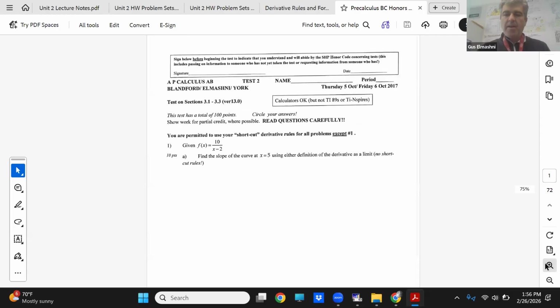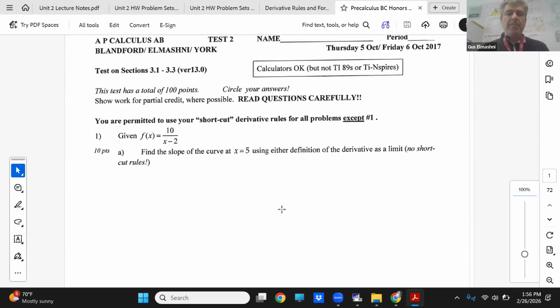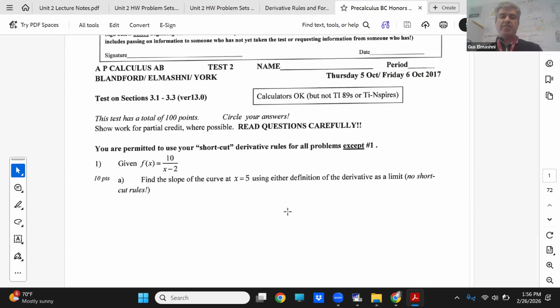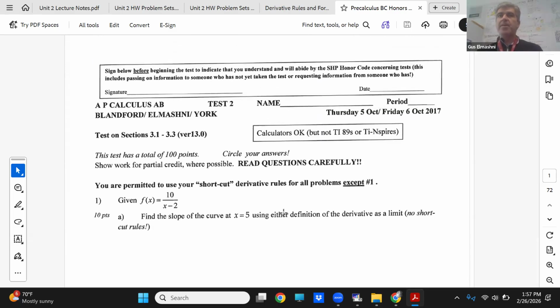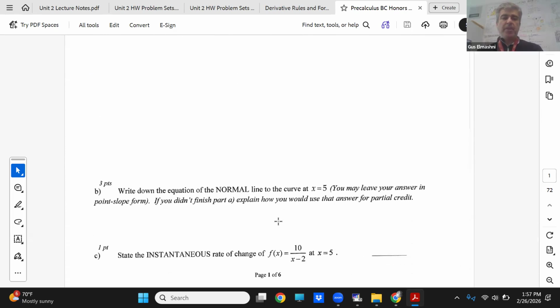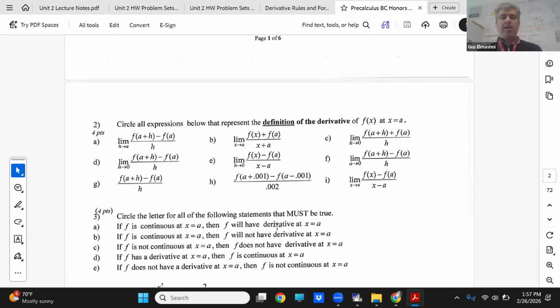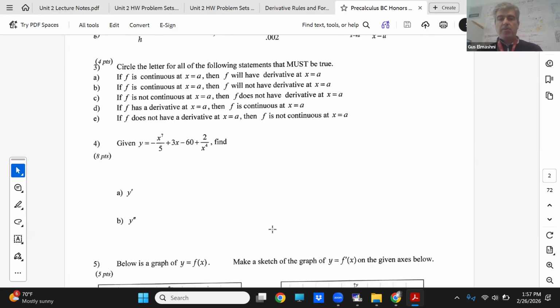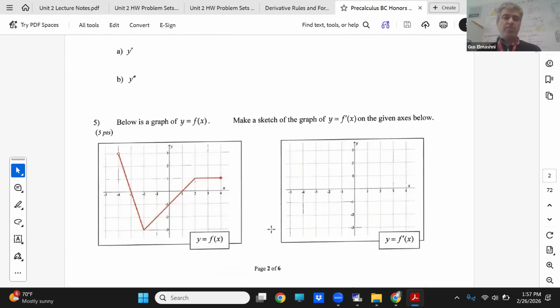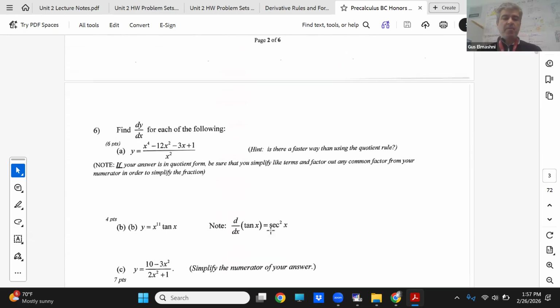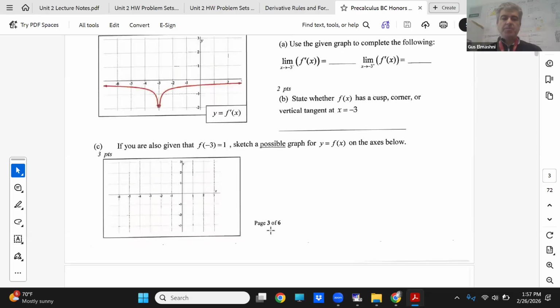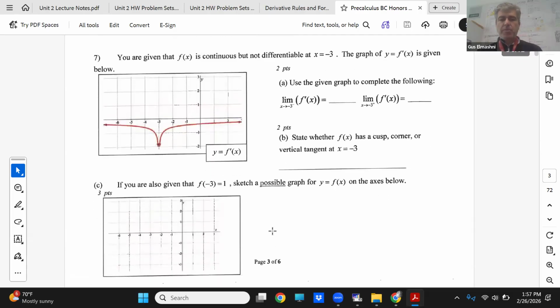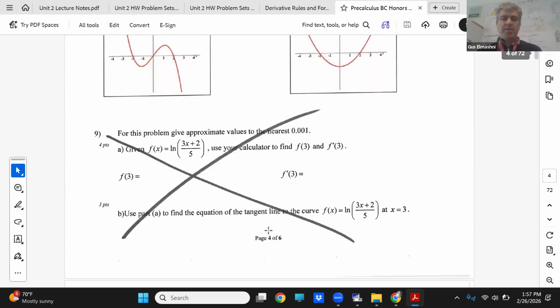I'm going to hand this out in a moment, but just so you know, these are some old tests from AP Calculus, like 2017. We used to teach this in the fall of AP Calculus AB. I will ask you to find the slope of the curve using the limit definition. I'll ask you to find a normal and tangent line, recognize the formal definitions of the derivative, things about continuity and differentiability, finding derivatives, second derivatives, graphing, the whole idea of differentiability, cusps, vertical tangents, and more graphing.